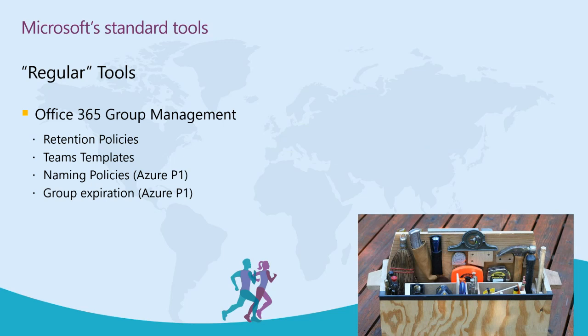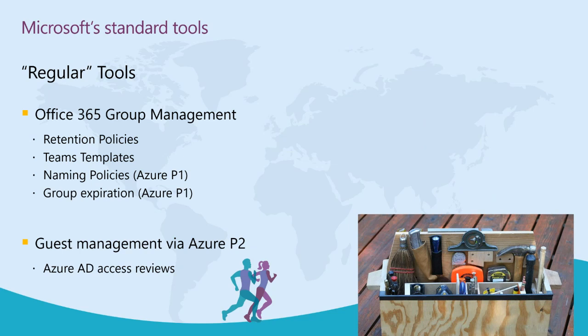Just think about a newsletter coming in on a regular basis and keeping the whole team up and running for ages, it doesn't make sense. So real user activity is key over here. Naming policies and group expiration are based on Azure P1.